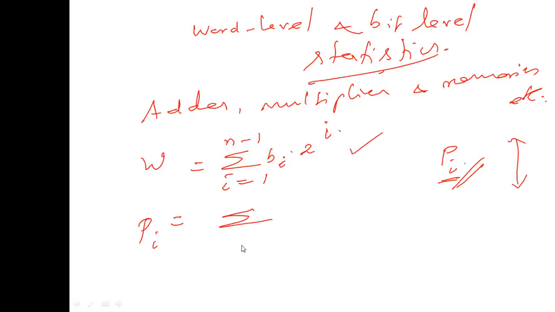Therefore, I could define this as, for all the integer w, what I have, p of w for each word, in which I have the ith bit of each word to be a 1.